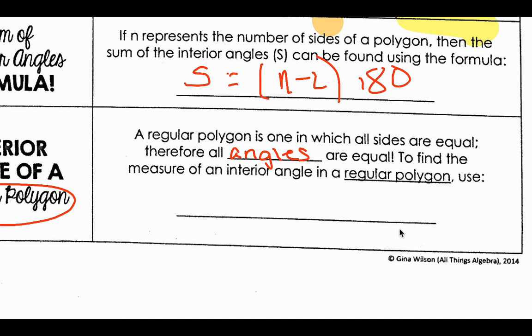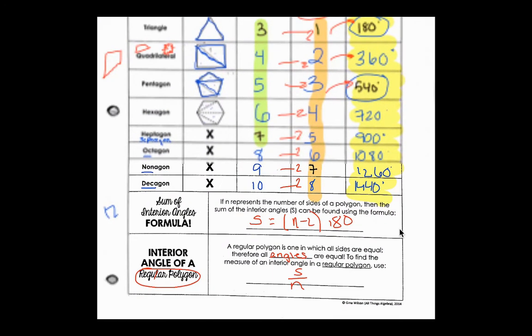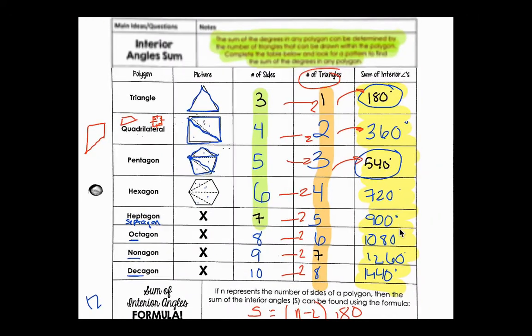So to find the measure of an interior angle in a regular polygon, we can take our S value, which is coming right from up here, and divide it by N. Coming back up here, if we were going to do S over N and make another column, what do we know about the angles of an equilateral triangle? They're all 60 degrees. I did 180 divided by N, where N is our number of sides, 3, and got 60.